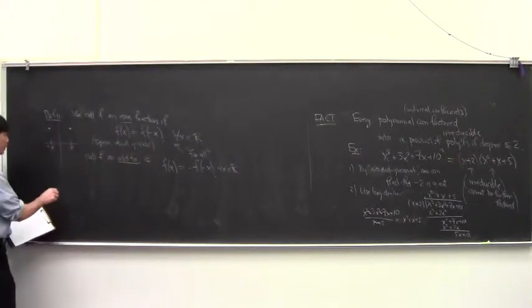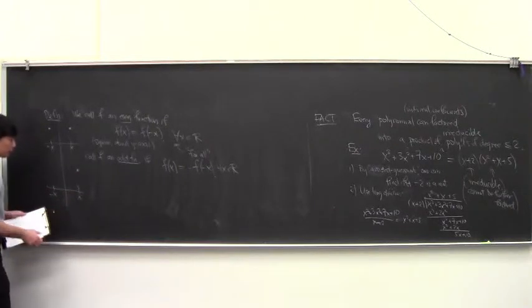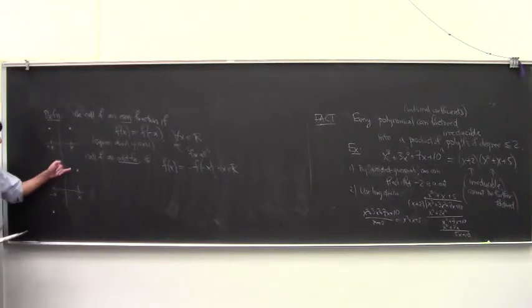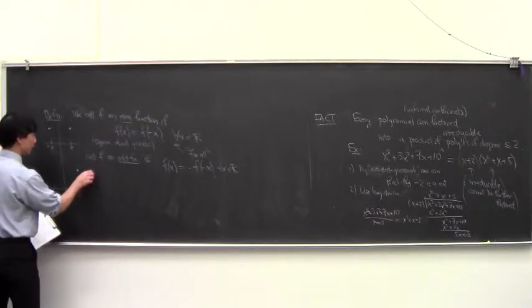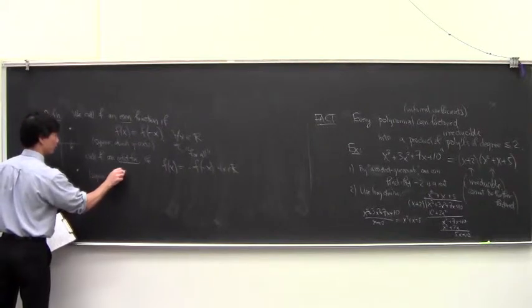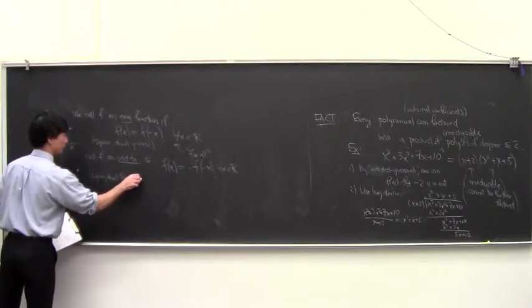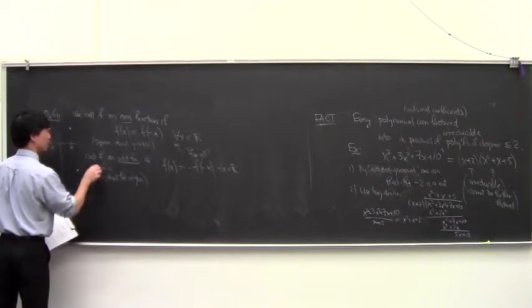And for the other one, for any x and negative x, you have to get the negative value. So f of x is equal to negative of f of negative x. So the graph is symmetric about the origin.